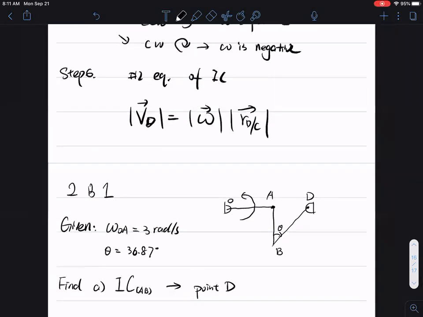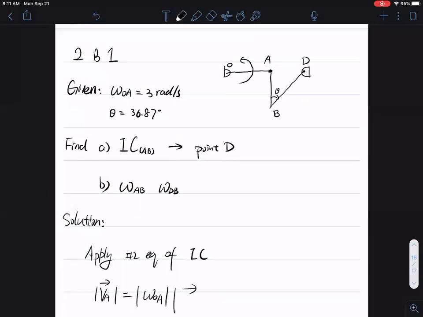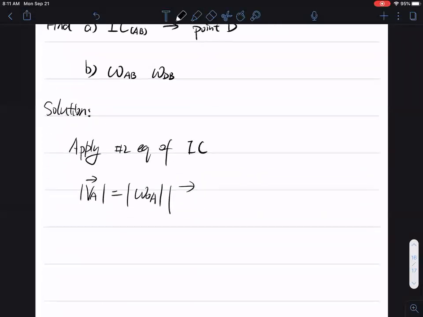It defines the speed of that point, in this case point A, equals omega OA times the distance from the instant center to that point. In this case, it should be the distance from A to O, this r A slash O.